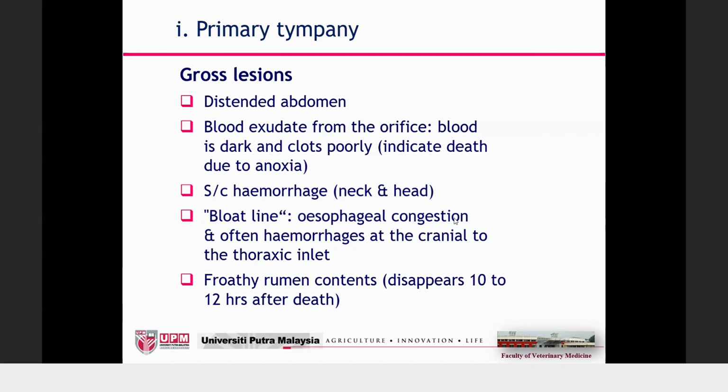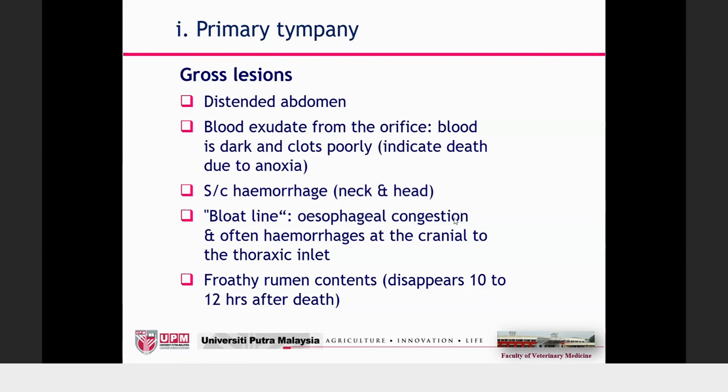Similarly, you might see an area of subcutaneous hemorrhage, particularly in the area of the neck and head. Why does this happen? Because when there is abdominal overdistension, there will be poor venous return, not only from the anterior part of the body but also from the posterior part.